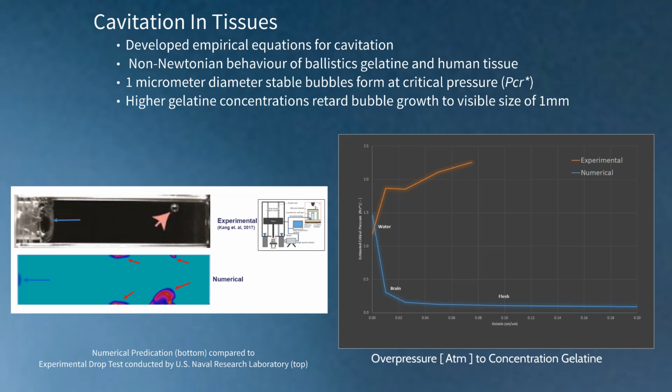The difference we found is that the numerical results were able to pick up very small micrometer diameter bubbles at the critical pressure, versus the experimental results, which, due to their visual observation, were only picking up 1 millimeter size bubbles. The next series of experiments proposes to actually use a microscopic camera to pick up the much smaller bubbles, and we predict that the results will align between the experimental and the numerical at the much smaller bubble size.